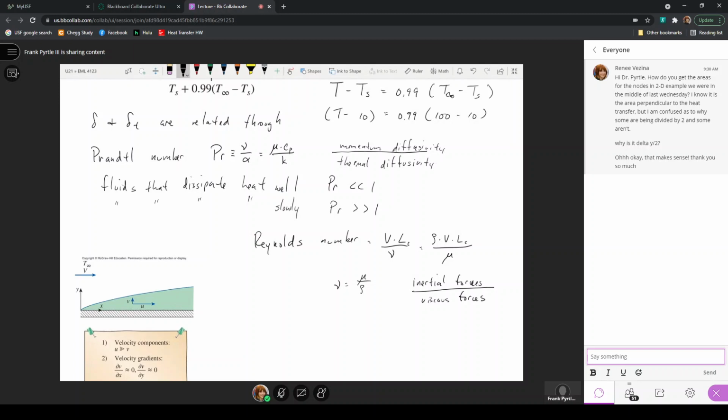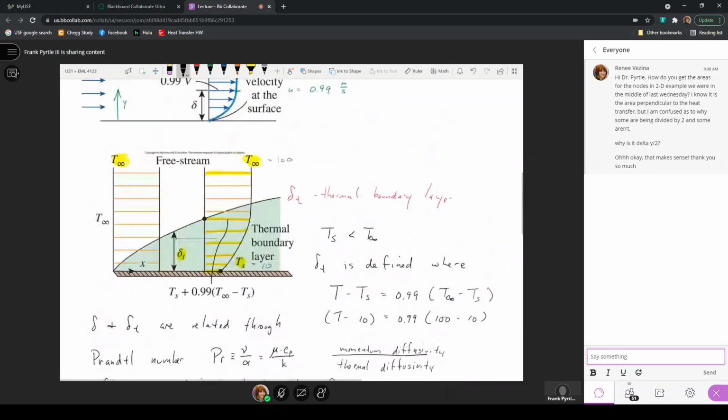To demonstrate that, we can look at how we would solve problems, and we'll get into, particularly in chapter 7, the very specific correlations that we would use to make those calculations, because they're not as easy as just reading a heat transfer coefficient from a problem statement.